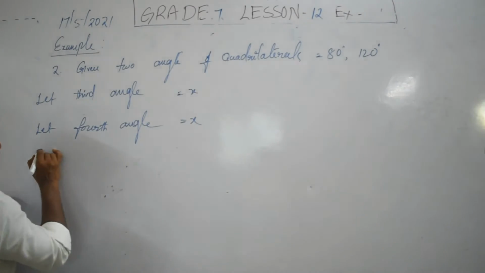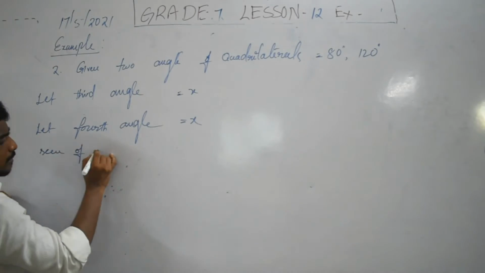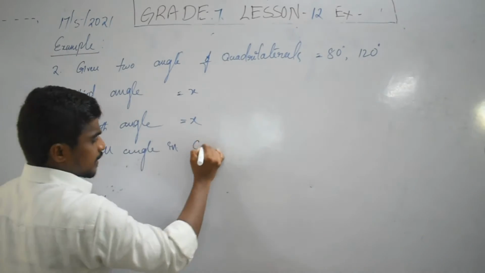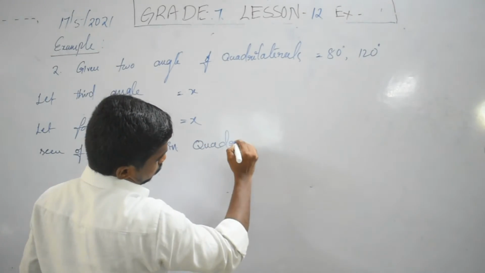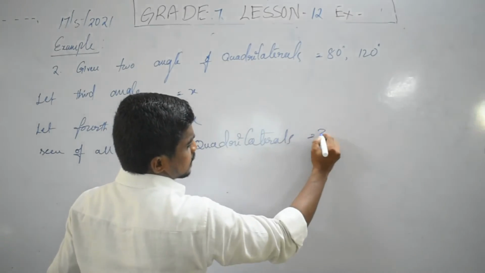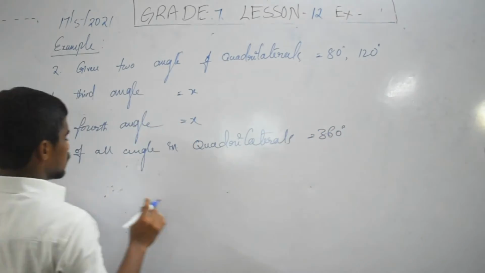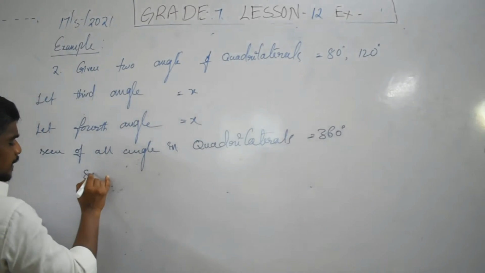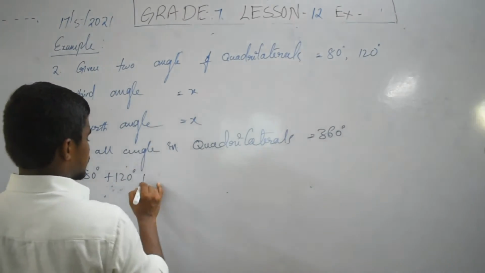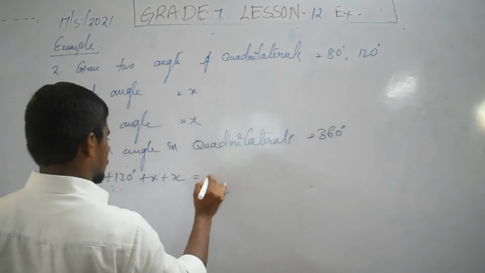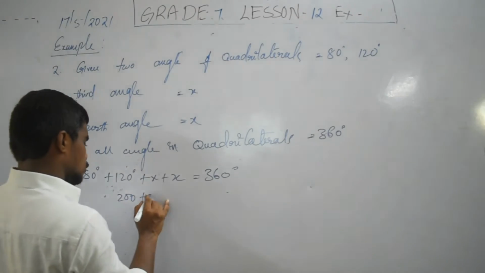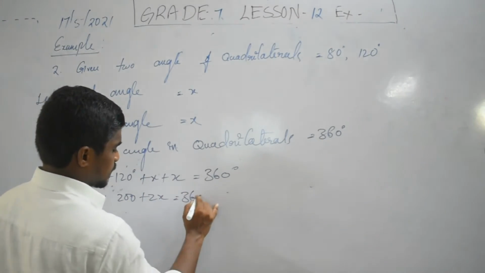Now see, the sum of all angles in a quadrilateral is 360 degrees. So 80 plus 120 plus x plus x equals 360. 200 plus 2x equals 360.